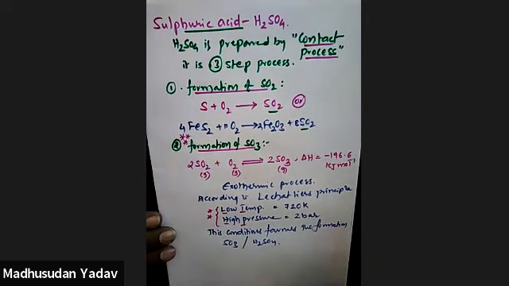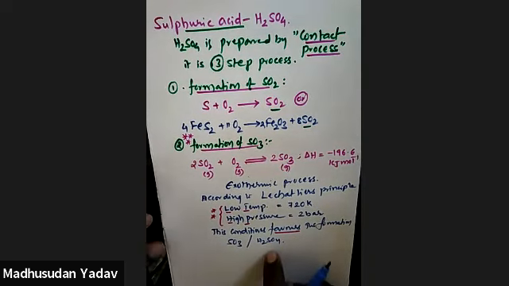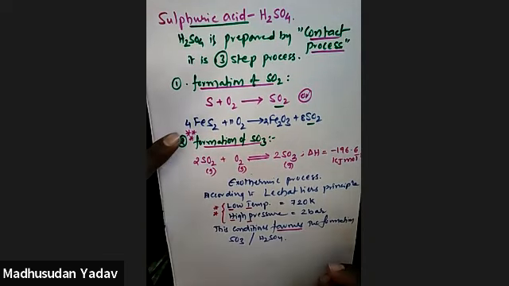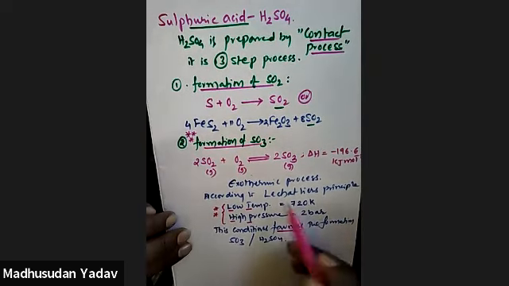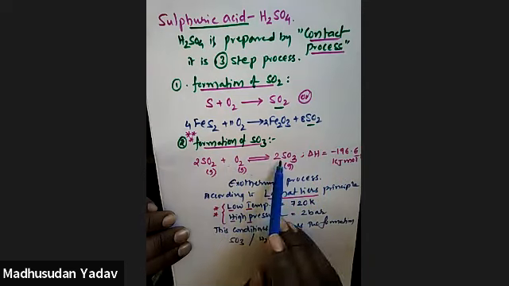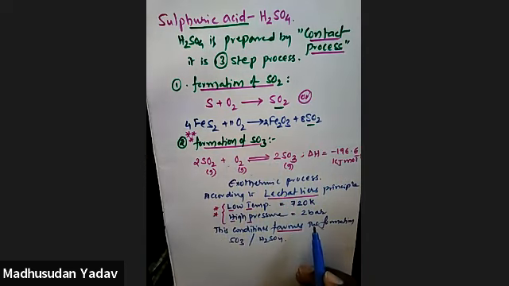So these conditions will favor the formation of sulfur trioxide. So overall, you are going to get maximum amount of sulfuric acid. So this is a very, very crucial step. So according to Le Chatelier's, if you observe, exothermic reactions need low temperature and the number of moles are decreasing, so high pressures you have to use. Okay.